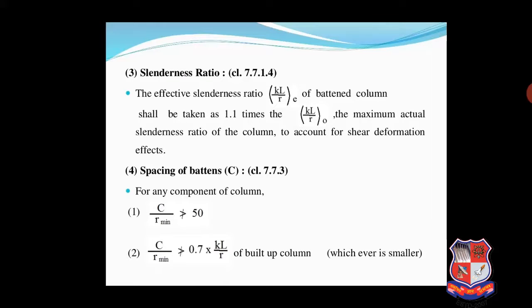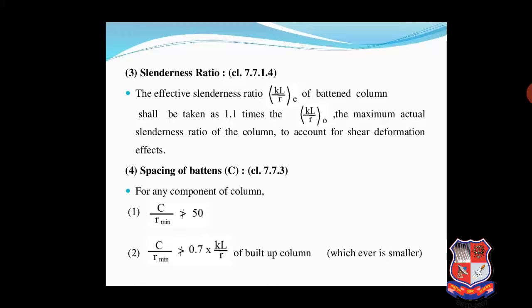Third step, slenderness ratio, is given in clause number 7.7.1.4. Here for the battening system we use effective slenderness ratio. The effective slenderness ratio KL upon r E of batten column shall be taken as 1.1 times KL upon r O, where O means original, usually KL upon r normal lambda.